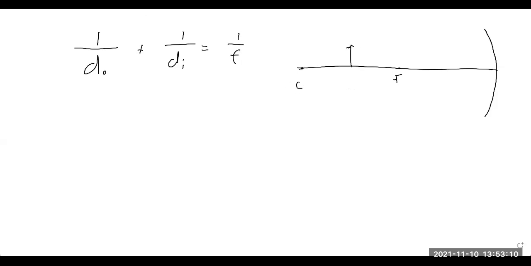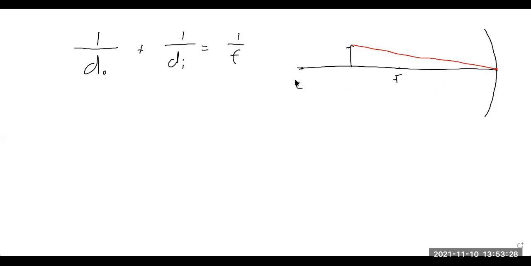If a light ray hits the exact center, well, its normal line is already drawn in.